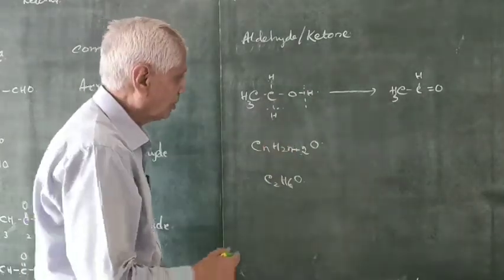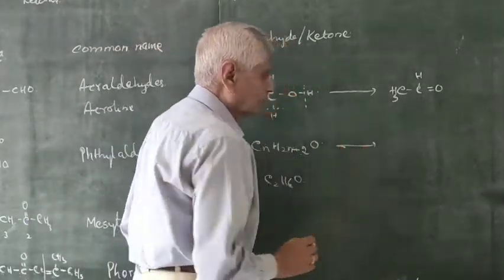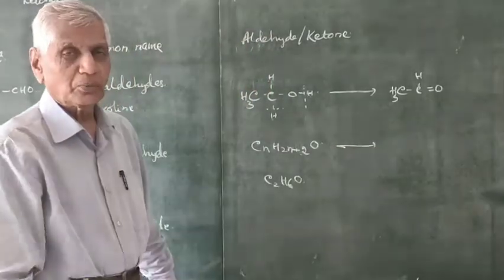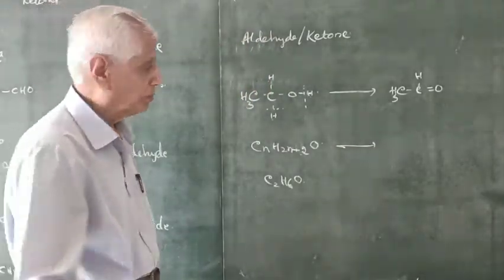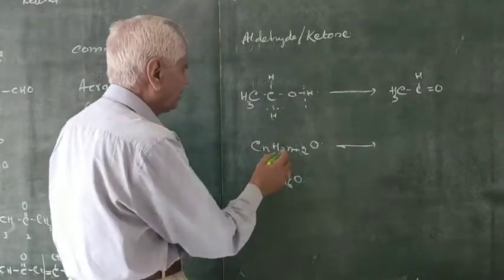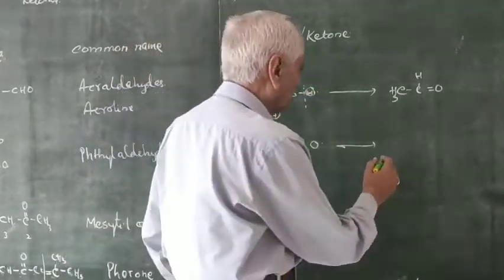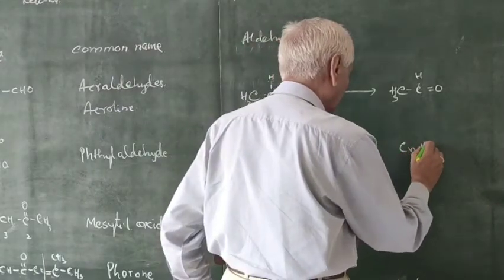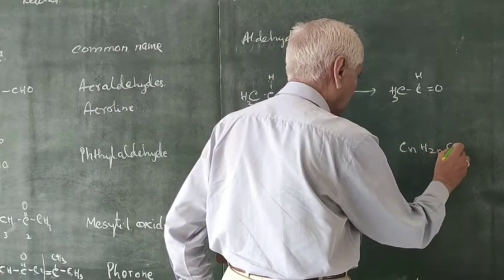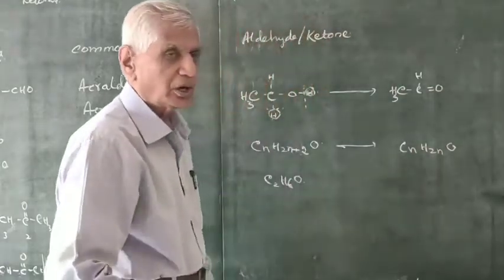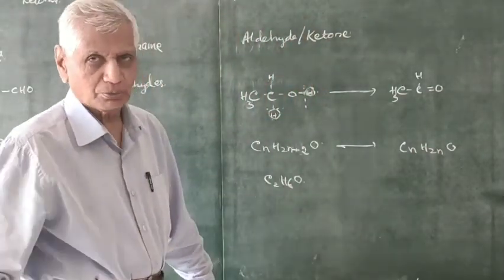Now from this you have removed two hydrogens. So what is the general formula of aldehydes and ketones? Remove two hydrogen atoms, this hydrogen atom and this hydrogen atom are removed. Therefore the formula is CnH2nO. This is the general formula of an aldehyde or a ketone.